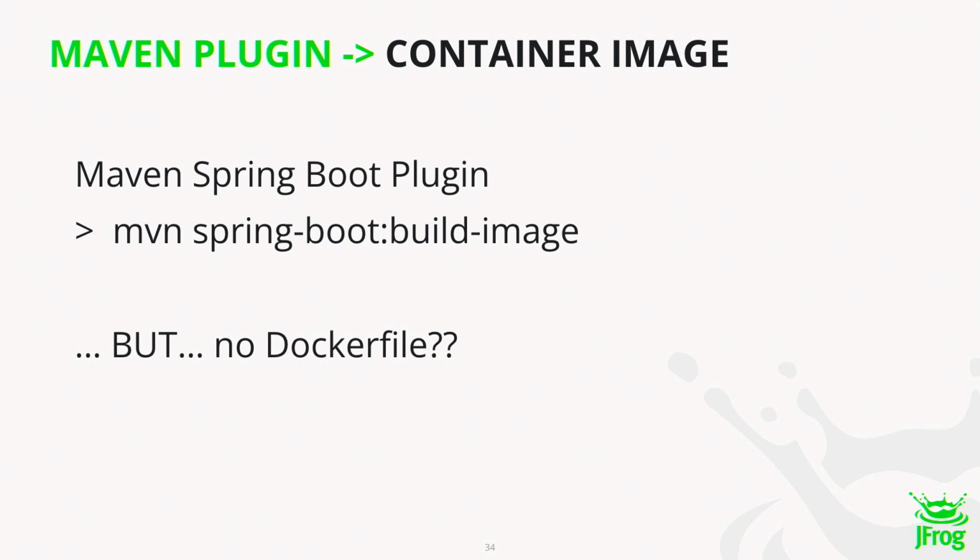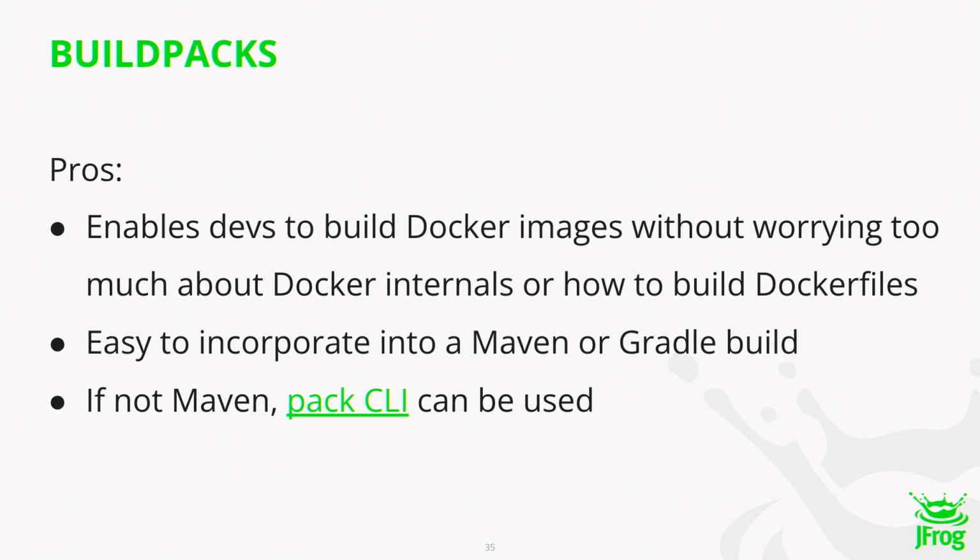Another option: I've met a lot of developers who just don't want to deal with Dockerfiles and would rather use other tools that are in place. One option for you is to use Maven plugins or Gradle plugins. I just want you to understand how that's actually working. In reality, those plugins by default are actually using cloud-native BUILDPACKS. These are great.